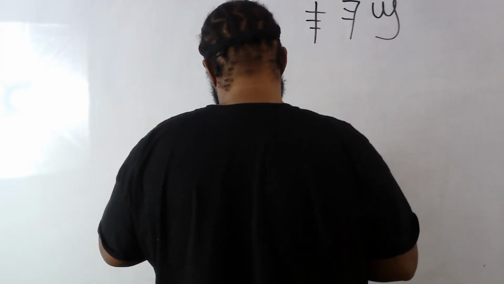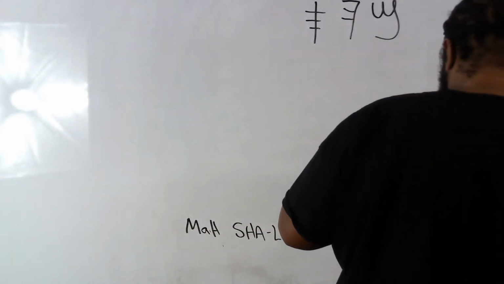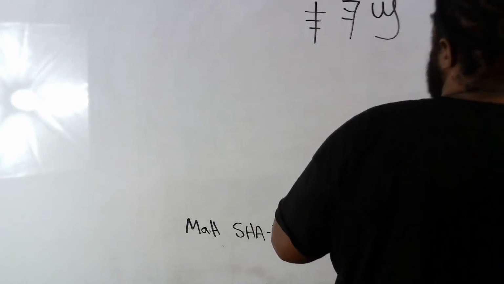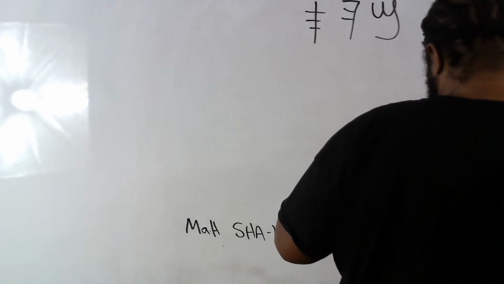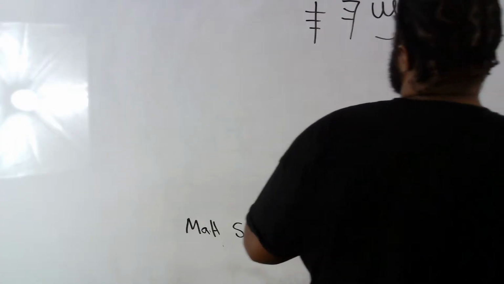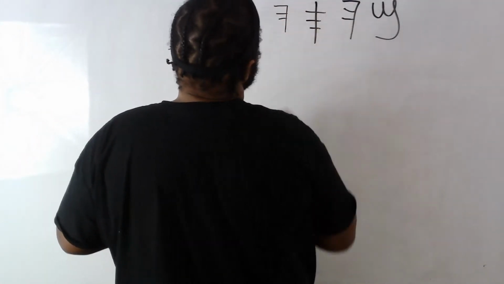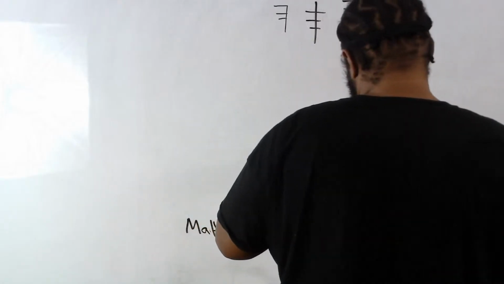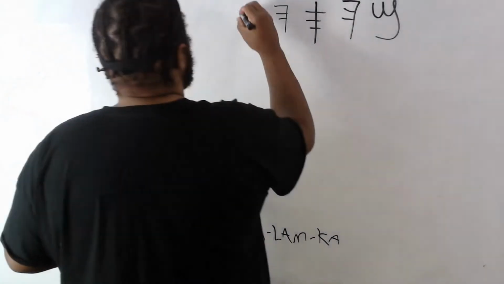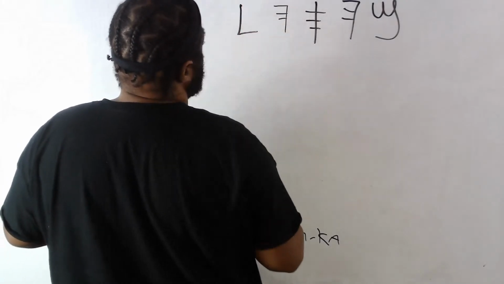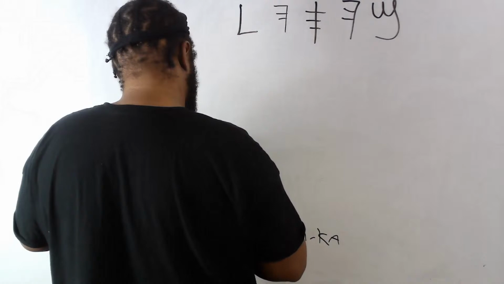He has S-H-A-L-O, for law or lo, and then he just has M for the ma at the end, because it's not pronounced heavily. He has shalom with L-O for the fact that it's saying law and then ma.